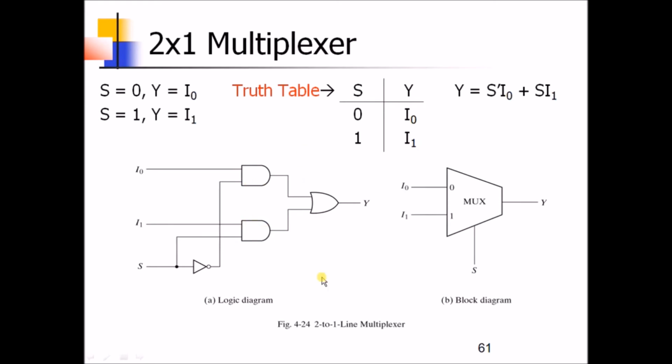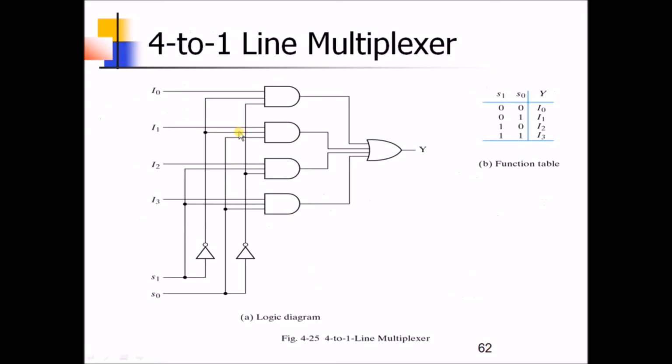Now let us see one more example, a 4 to 1 line multiplexer, where 4 indicates the number of inputs and 1 indicates the number of outputs. As there are 4 inputs, it is nothing but 2 power 2, where n is 2. Therefore a total of 2 selection lines are used for selecting any one of the input lines. Here you can see the truth table. S1 and S0 are the 2 selection lines, Y is the output, and I0 to I3 are the input sources.